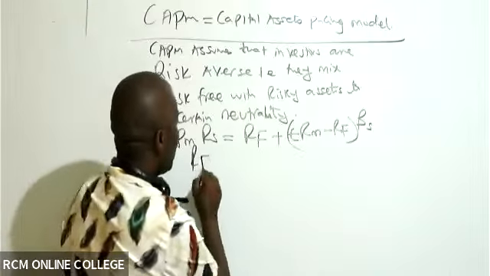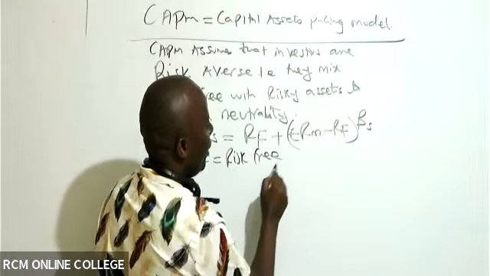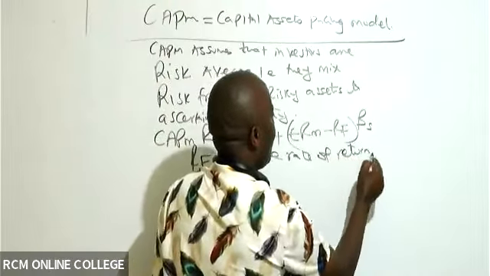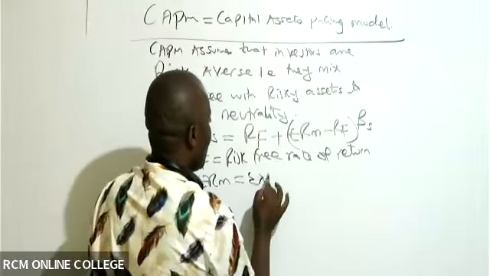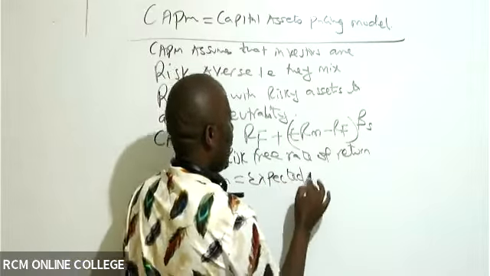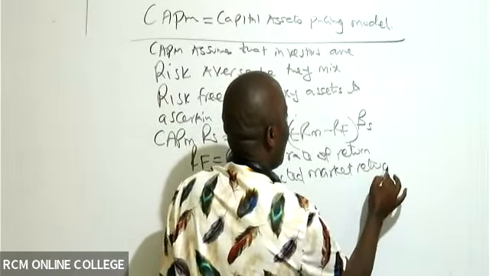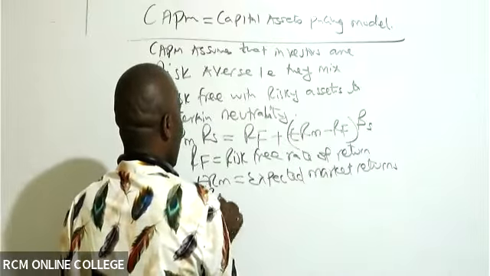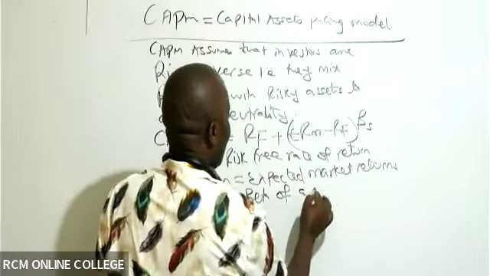Remember, RF stands for the risk-free rate of return. ERM stands for expected market returns, and then we have here BS standing for beta of a security.